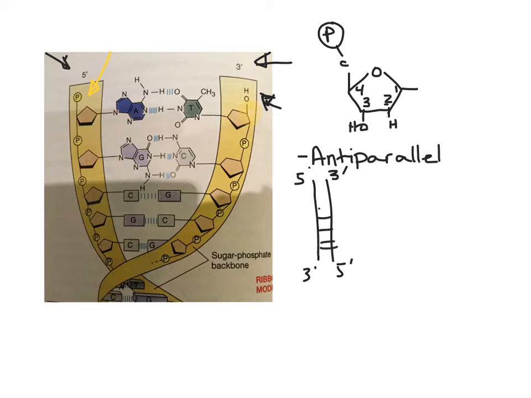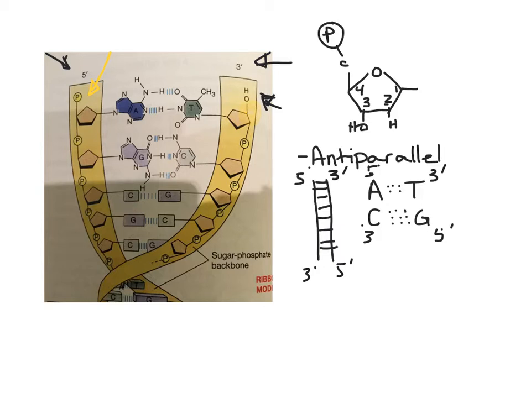And again, the hydrogen bonds are between the nitrogenous bases. So you'll have A on one side, and then C to G on the other. So let's say this was 5', this is 3', and then this end would be 5', and this would be 3'.